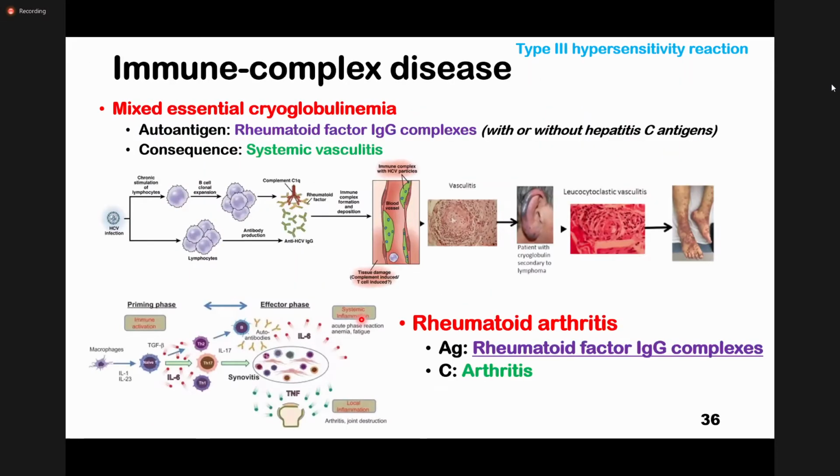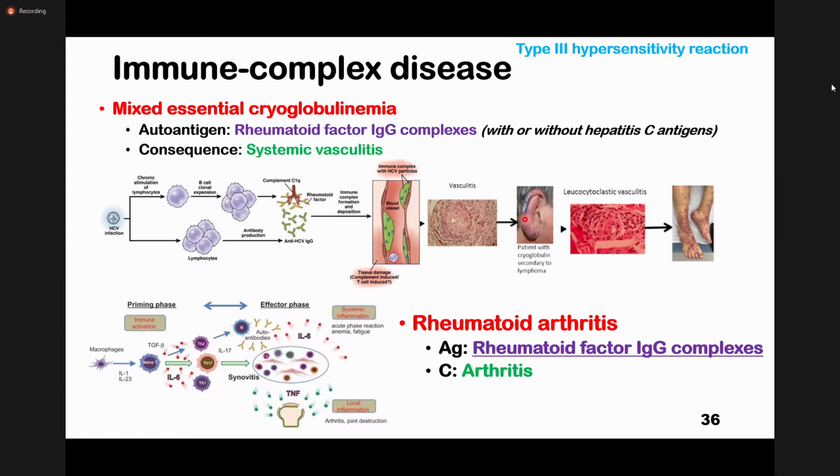Okay, now immune complex, that is type 3. It's a very complicated one here. So I put the topic mixed essential cryoglobulinemia. When you talk about cryoglobulinemia, it is basically about cold temperature, okay? Due to the cold, your blood becomes thickened and clumps together, and it will cause immune reactions, okay?